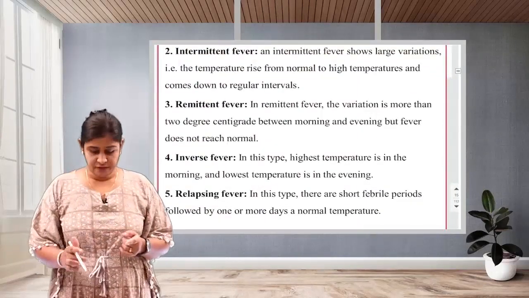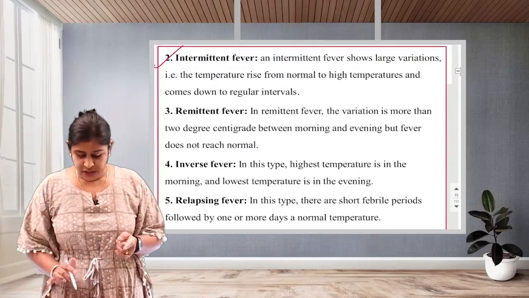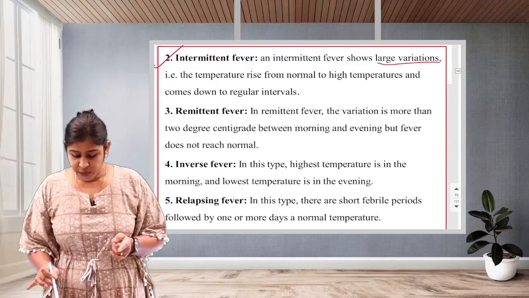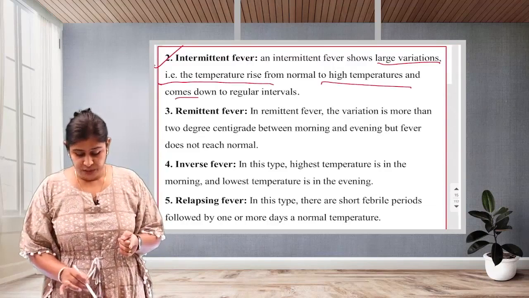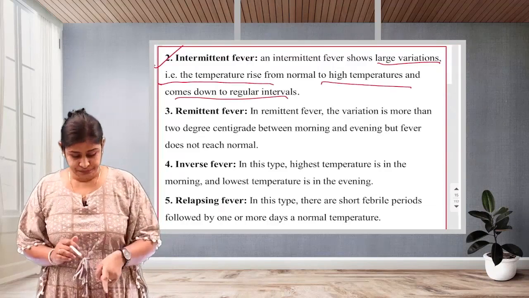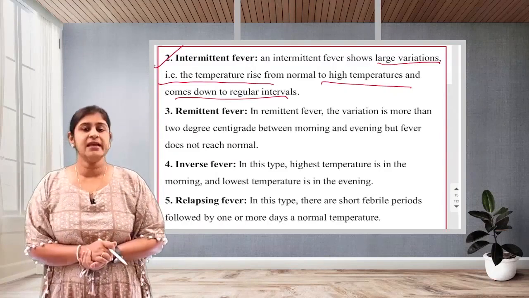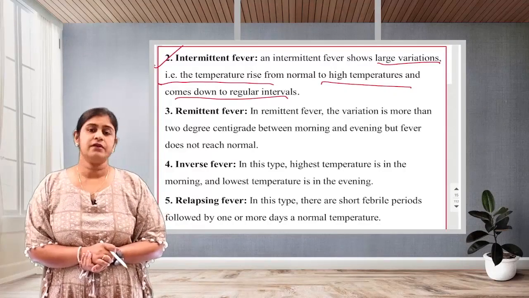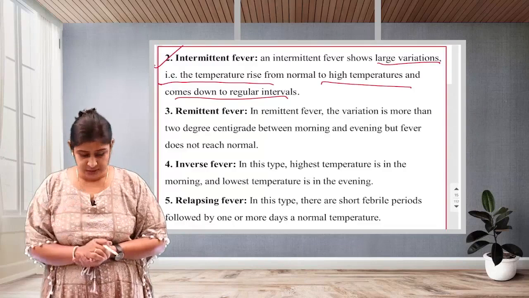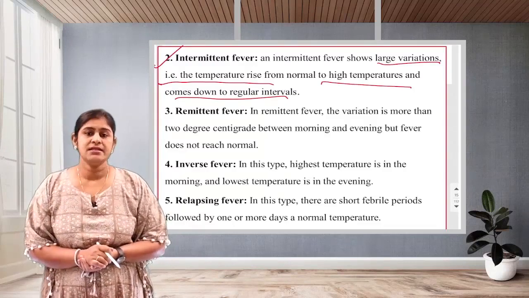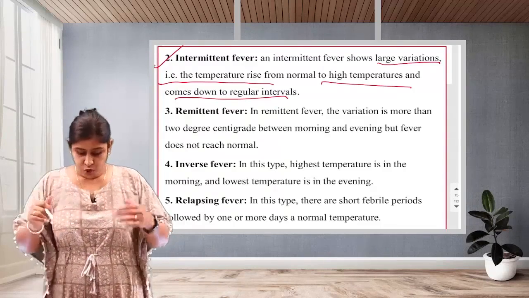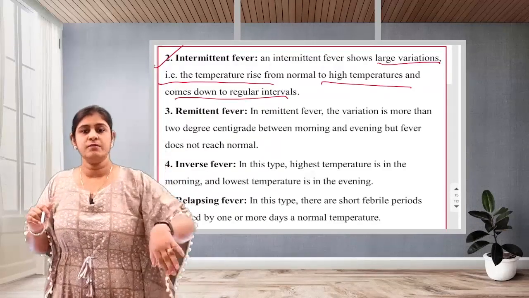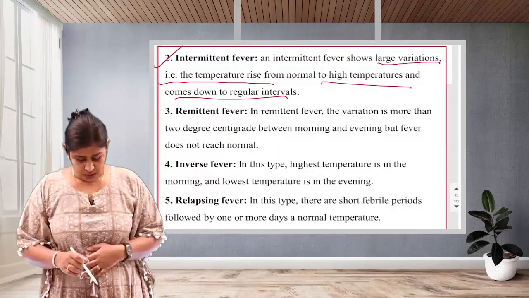Second is intermittent fever. Intermittent fever shows large variations, that is, the temperature rises from normal to a high temperature and comes down at regular intervals.